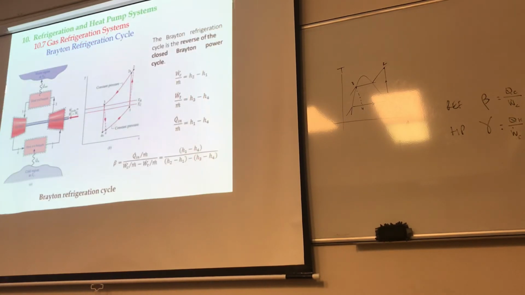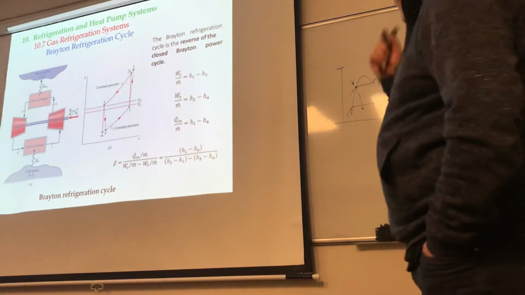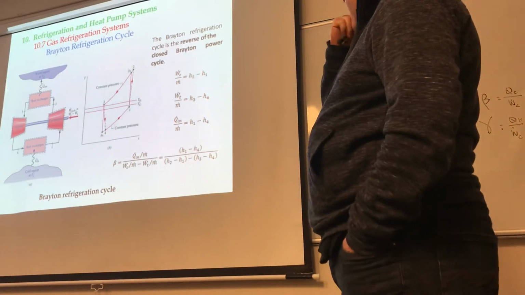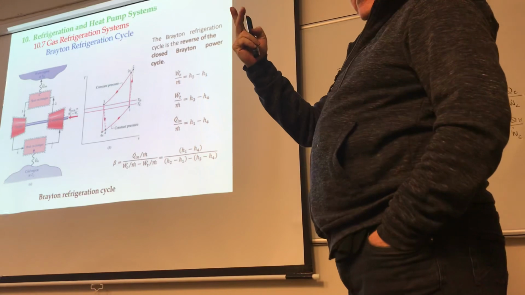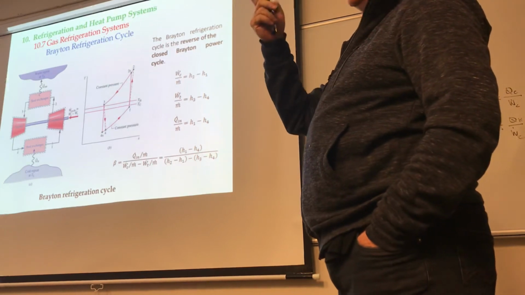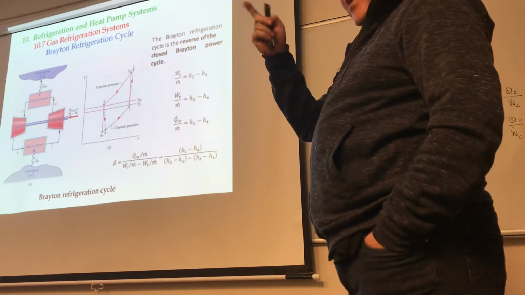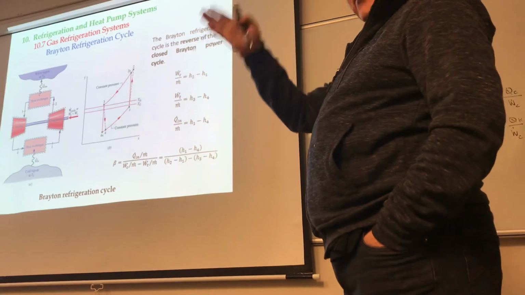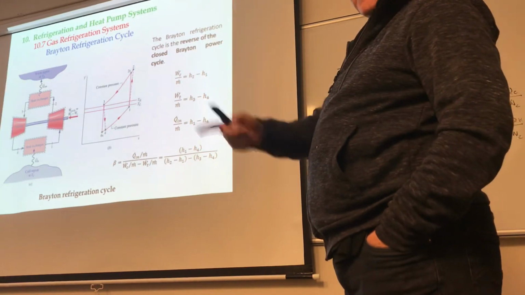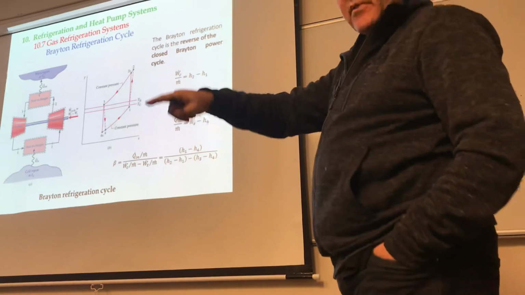And this is what it means. Remember, the Brayton cycle has two constant pressure processes interspersed with two isentropic processes. So isentropic, constant pressure, isentropic, constant pressure.